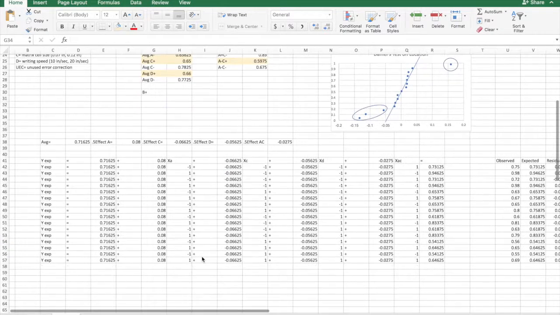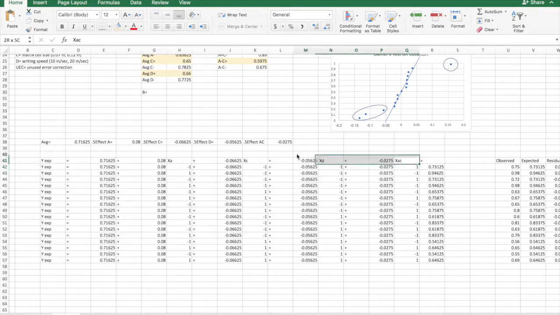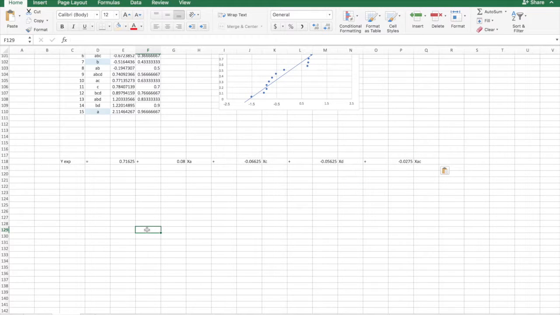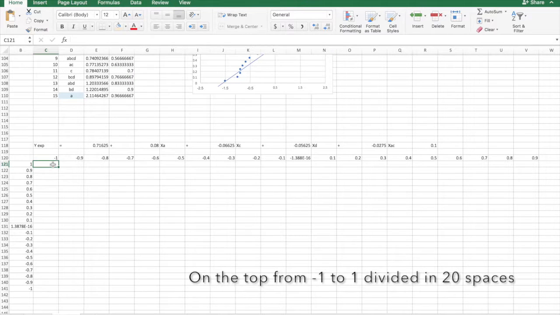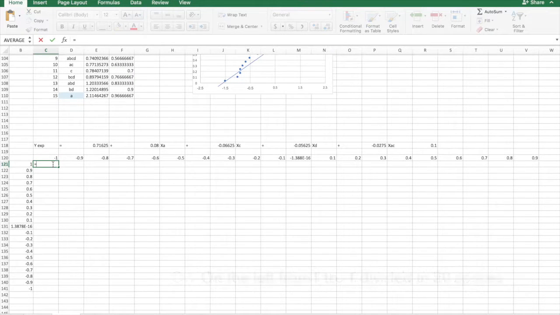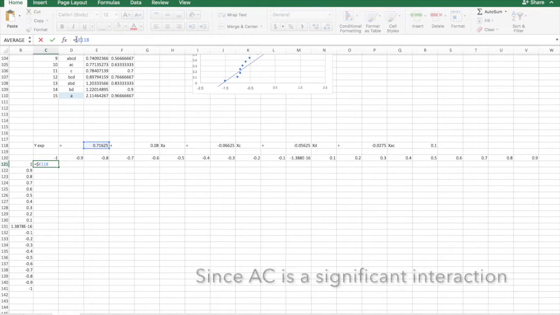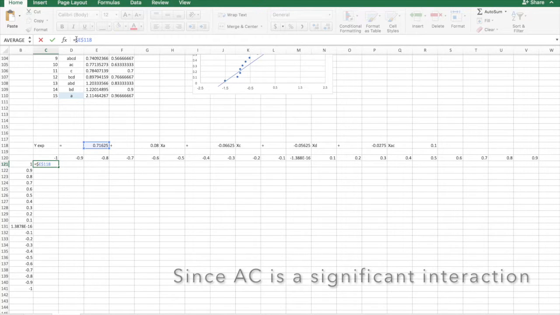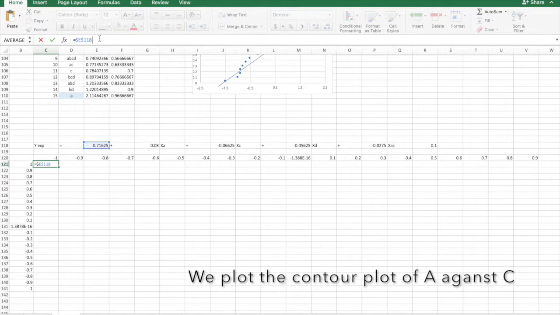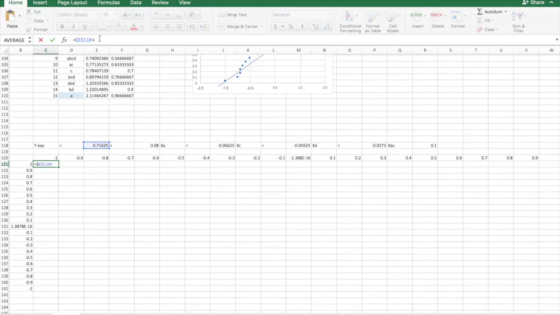Now for the contour plot, we're gonna need the regression model. Let's make in here a 20 by 20 table. So we're going to select the first one, and we're going to select the average. And then we're going to add the effect of A and multiply it times the number on the top of that column.